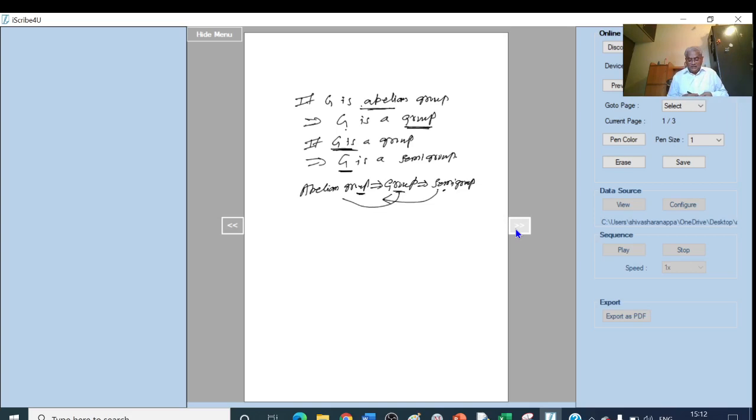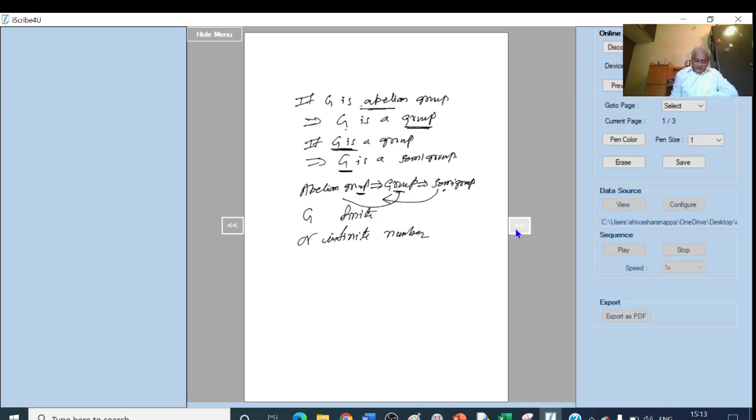Okay, and here G is a non-empty set, and star is an operation defined on G. Then G may consist of a finite number or an infinite number of elements.